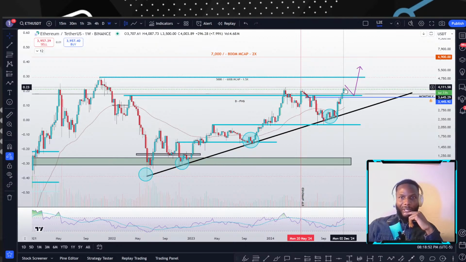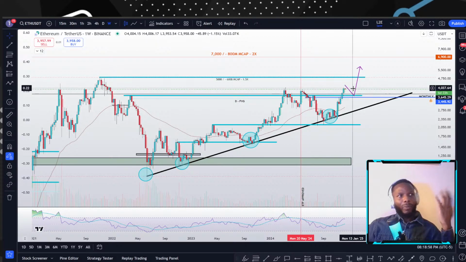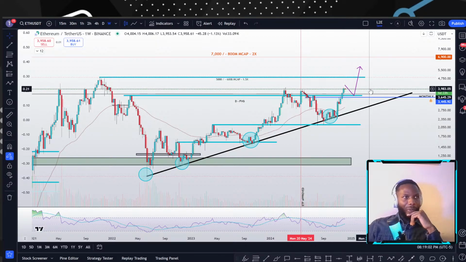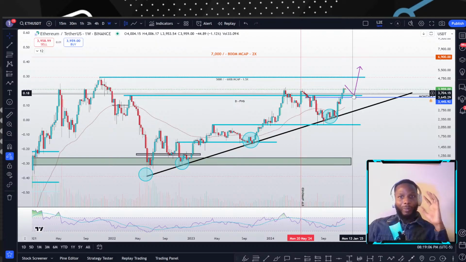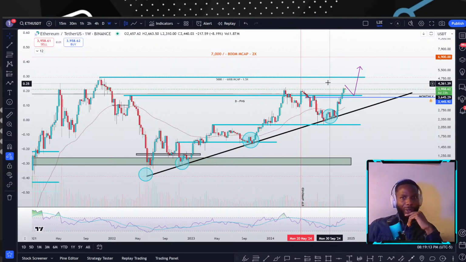So we have to see if we get a retracement into here, if it will hold above, which I think it will, because right now we're going into a part of the bull run where I could look at that chart later to show you the Bitcoin dominance. It's a very, very interesting chart.